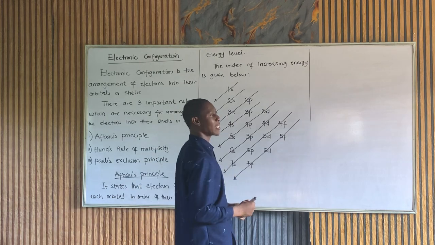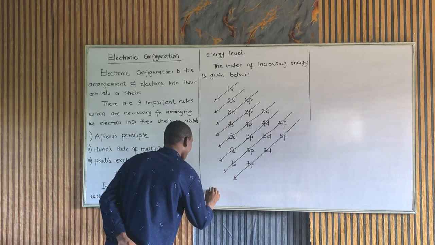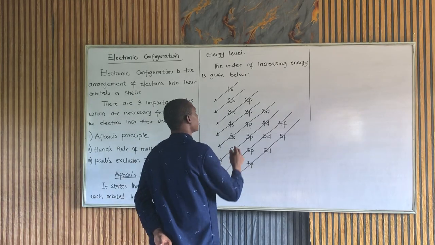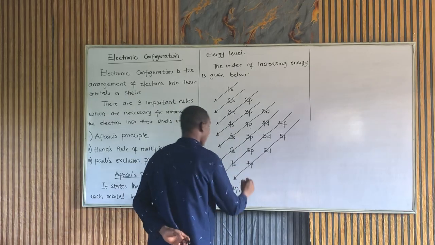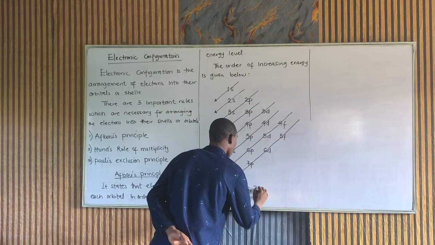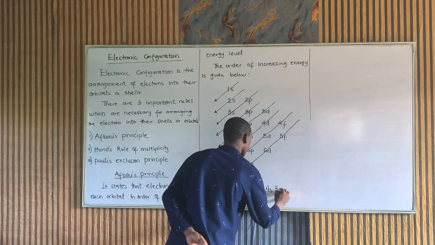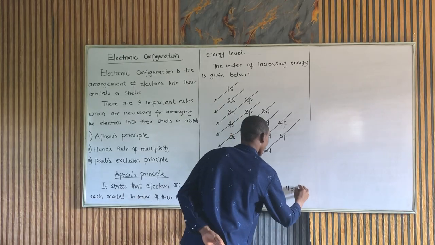So that's that. So the order is like this. The very first one, 1s. The next one, 2s. The next after this is the 2p. After the 2p, we have the 3s. After the 3s, we have the 3p. After the 3p, we have the 4s. After the 4s, we have the 3d. After the 3d, we have the 4p. After the 4p, we have the 5s.